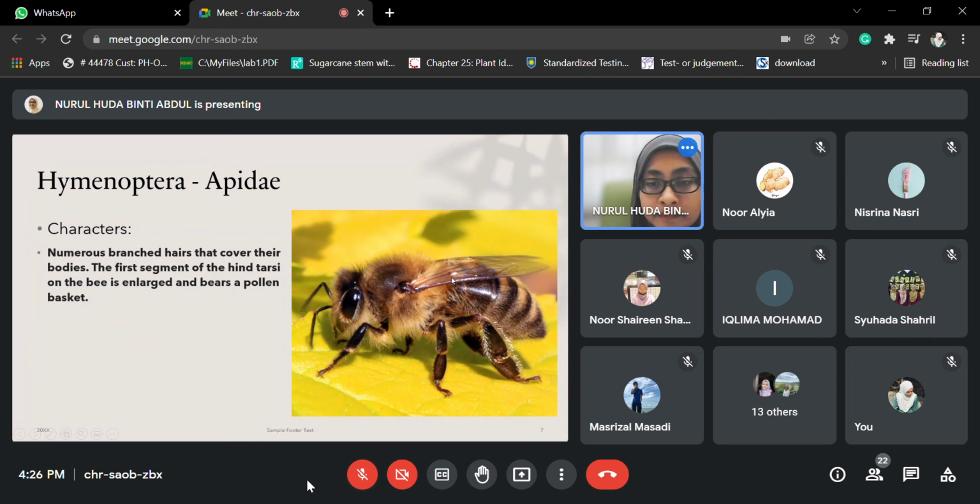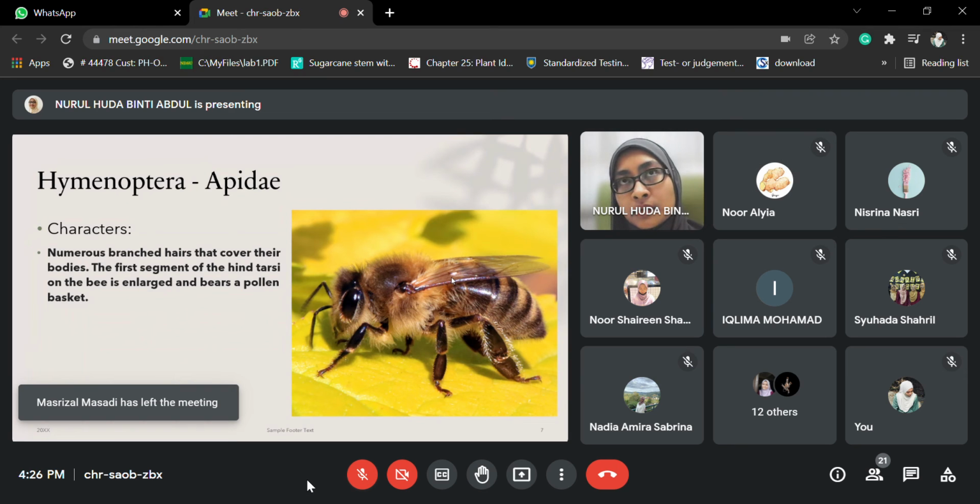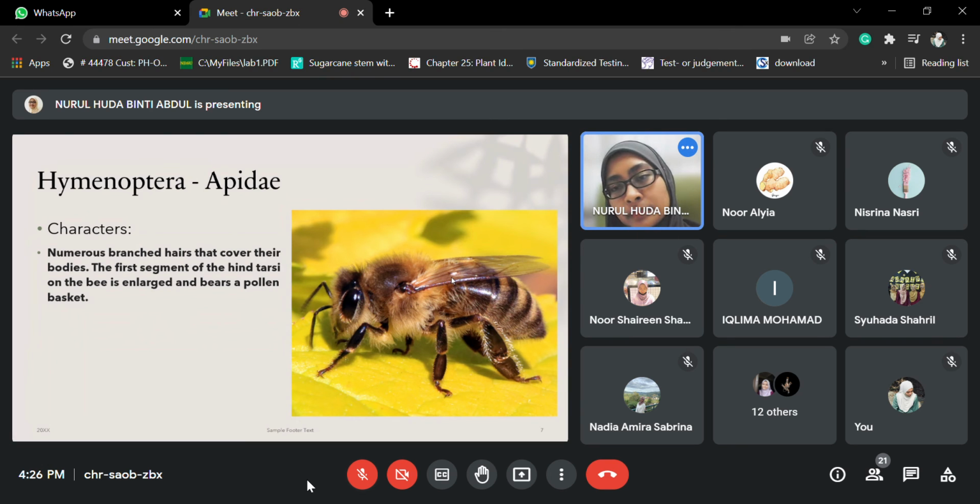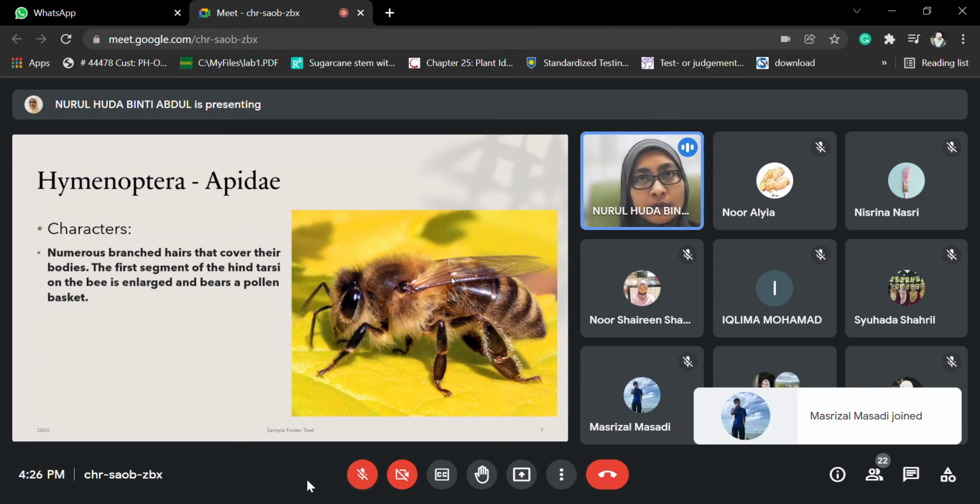Other than that, base abdomen broadly joined the thorax. Abdomen broadly joined with the thorax. Maksudnya dia tak constricted lah maksud kamu. Okay, here it's actually rather than say it's broadly jointed, remember we have Symphyla, Apocrita.